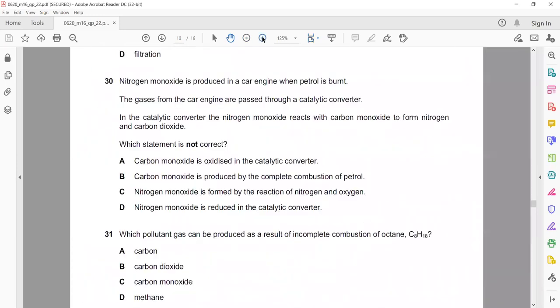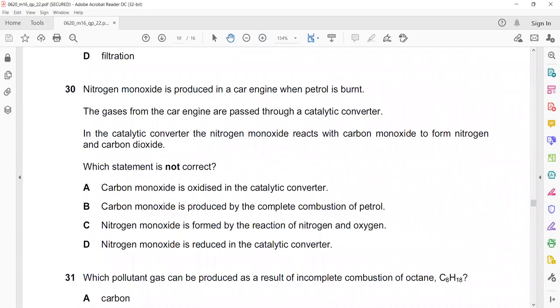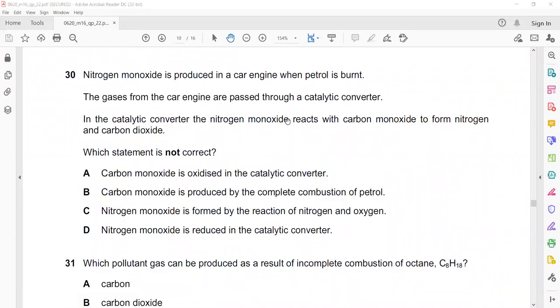Question 30. Nitrogen monoxide is produced in a car when petrol is burned.